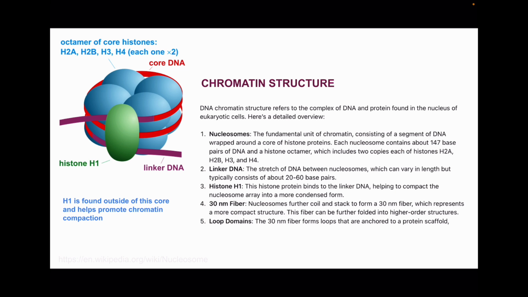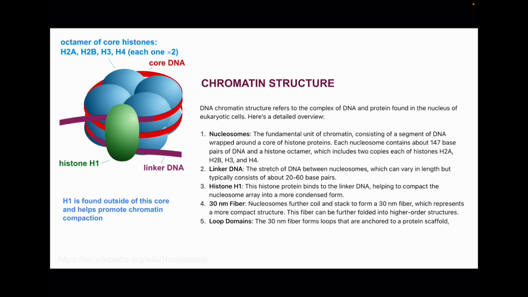So this is very important, and I'd really like you to remember this one, that H1 is found outside of this core, the H1 histone. It is found outside of the core and it helps promote chromatin compaction. So there could be a question, and I think I'll be going through a question at the end of this module.